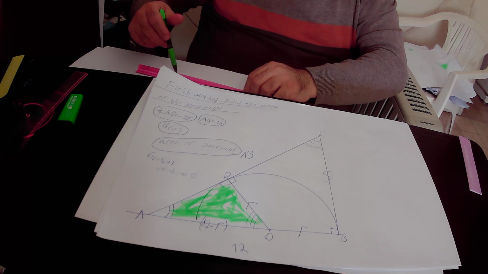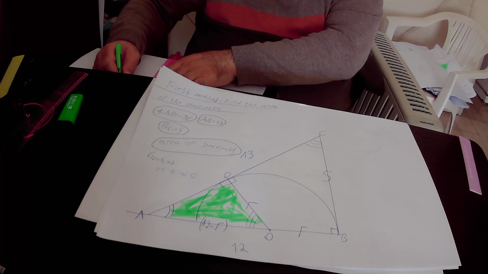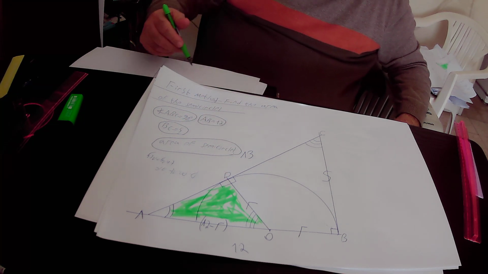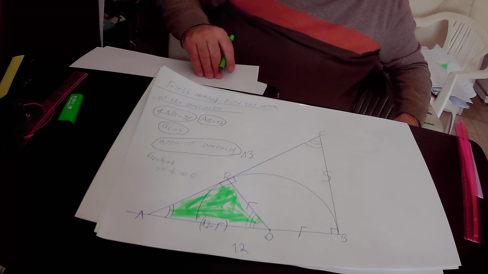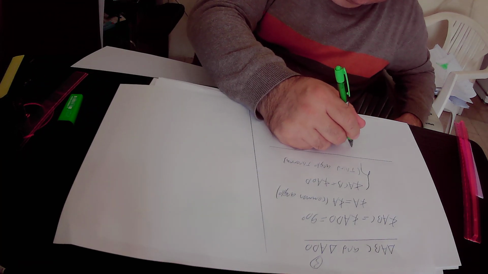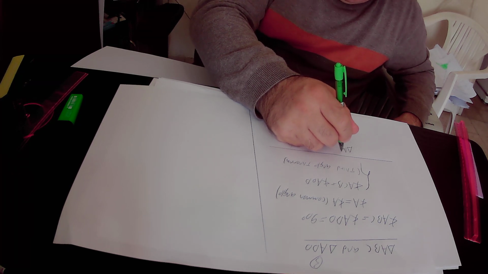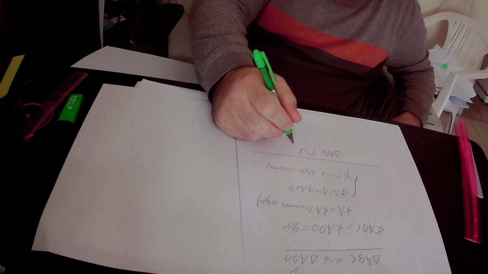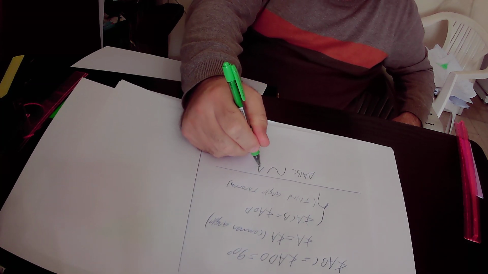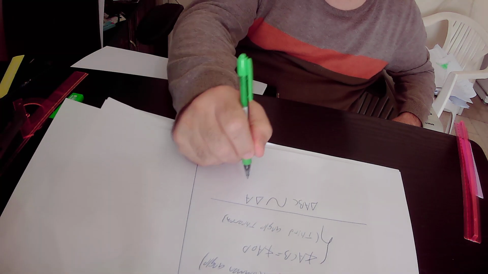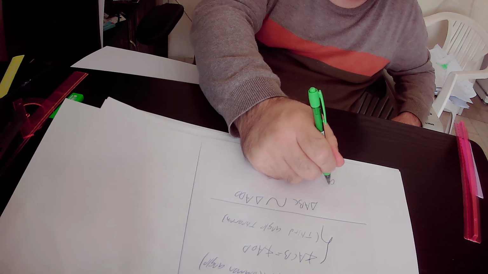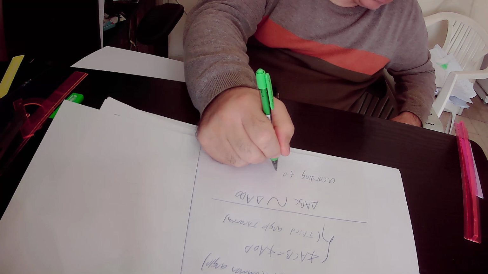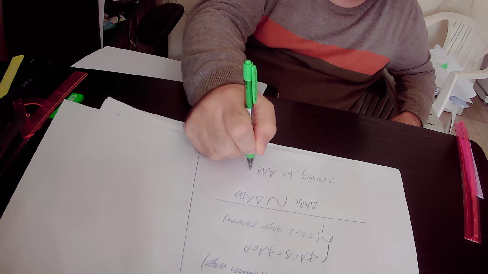Therefore, we proved that triangle ABC is similar to the green triangle, triangle ADO, according to the angle similarity rule.